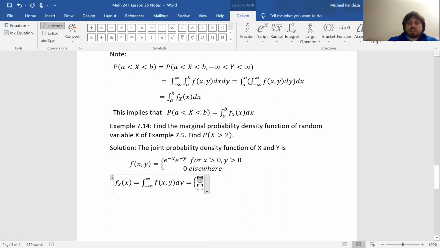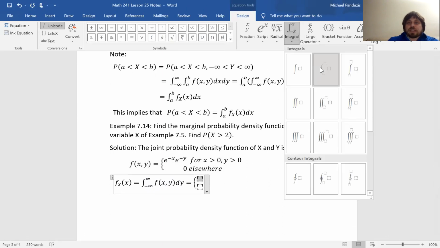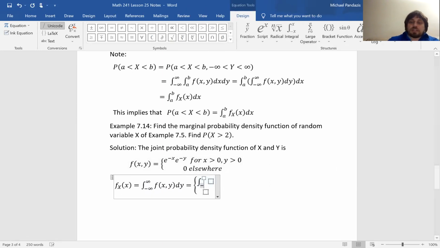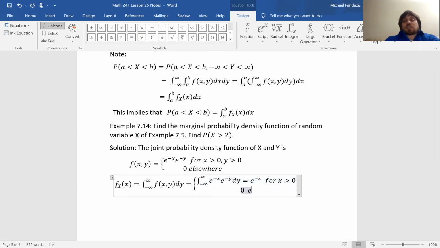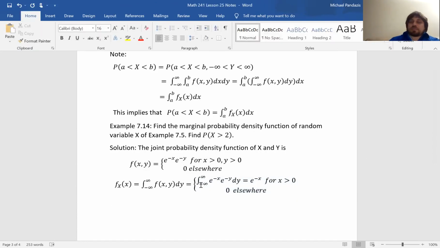So you just integrate this thing, right? So you integrate from negative infinity to infinity of e to the negative x, e to the negative y dy, which is equal to e to the negative x for x positive. And it's 0 elsewhere.